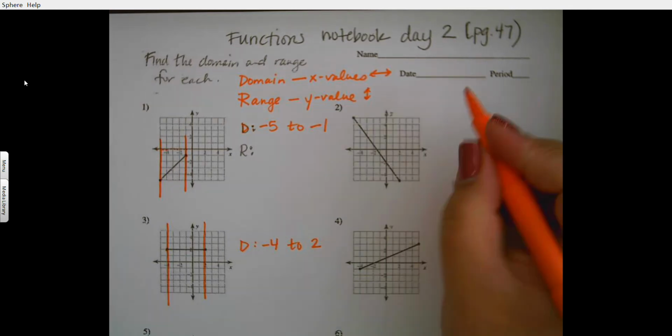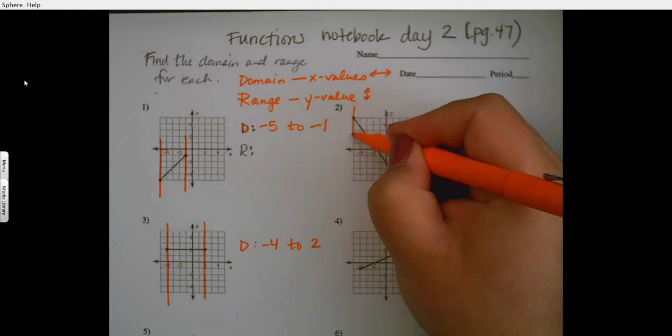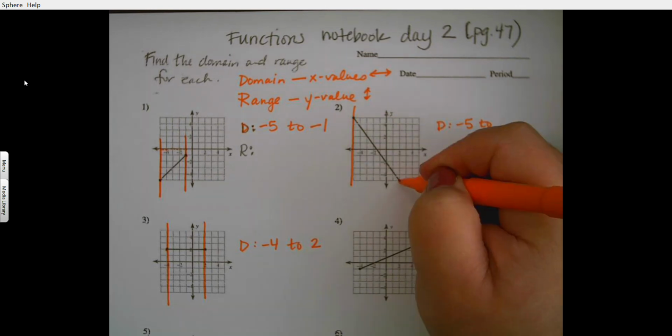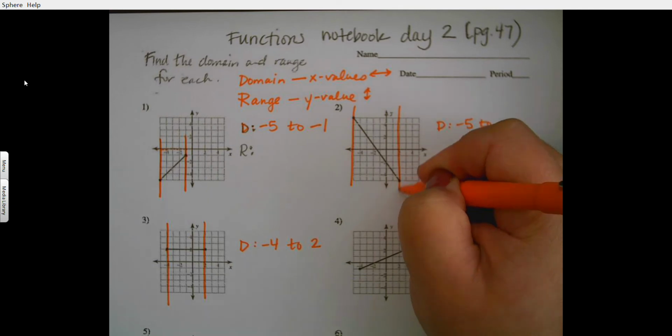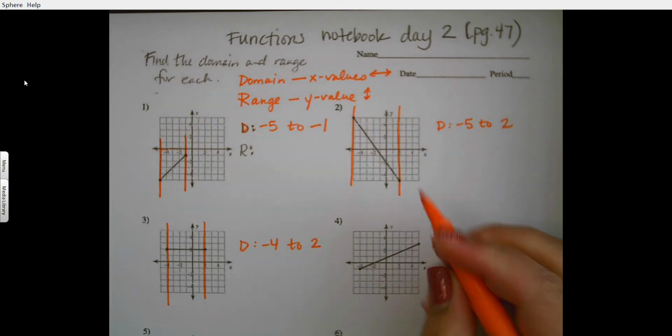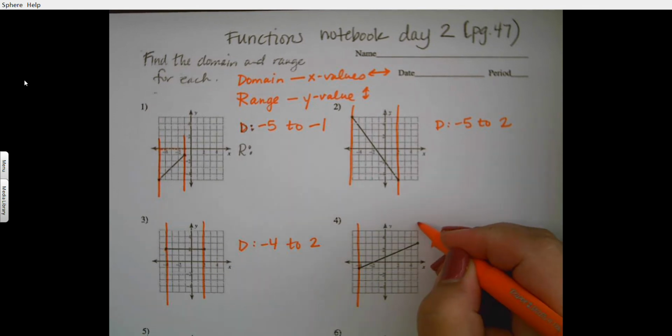Okay, I'm going to go over here now. Domain, furthest left, -5 to furthest right, +2.